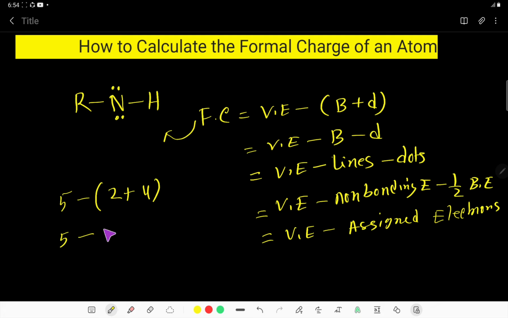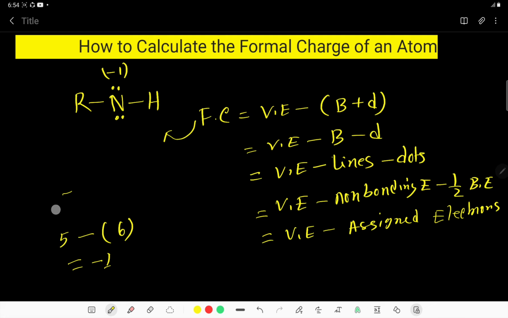So 5 minus 6 is minus 1, right? So the formal charge for this nitrogen is minus 1 according to this formula.